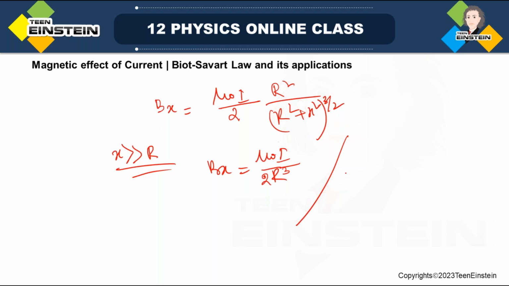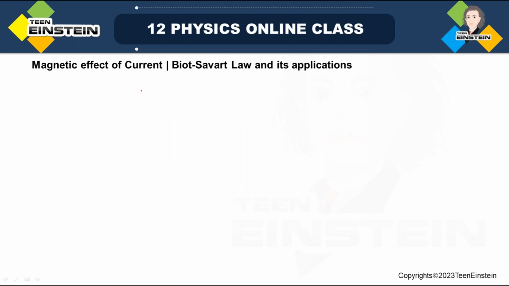So the final result will be. This was already done, so we are just seeing B at x equal to r.